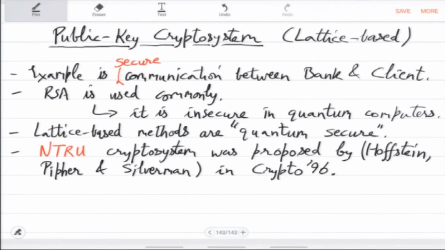Okay, and the basic protocol is very popular, and there are a lot of variants of this known, some of which are also implemented, and they work well.